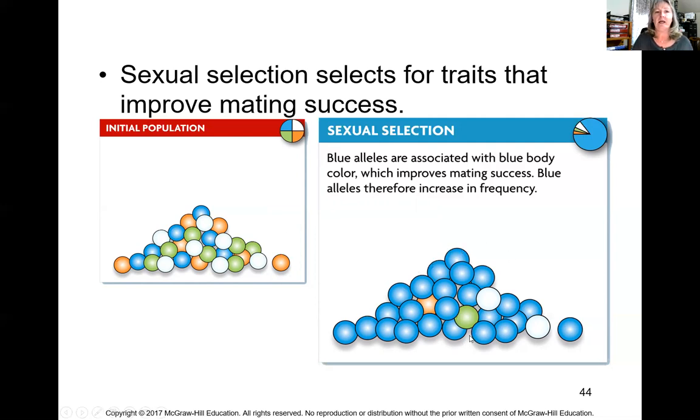If you had a population that didn't have any selective pressures, with plenty of food and plenty of space, then you would see more of a variety and an equal distribution of alleles or traits.